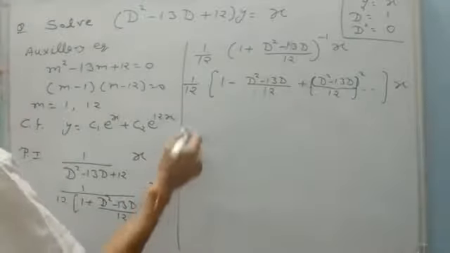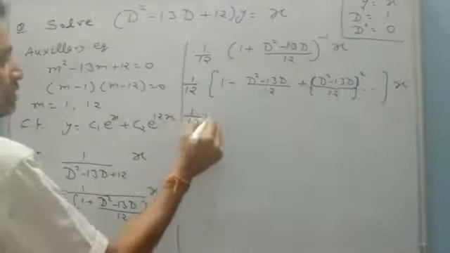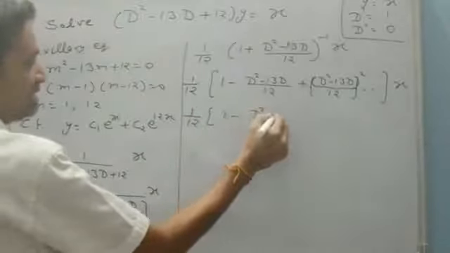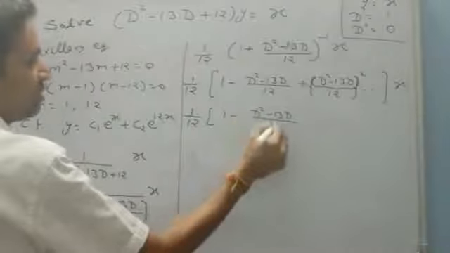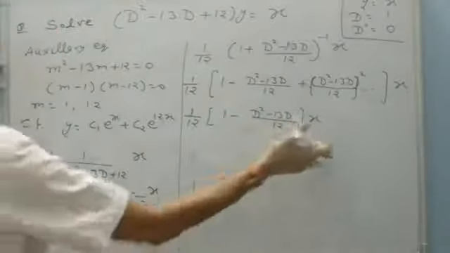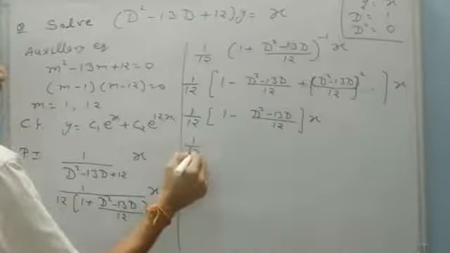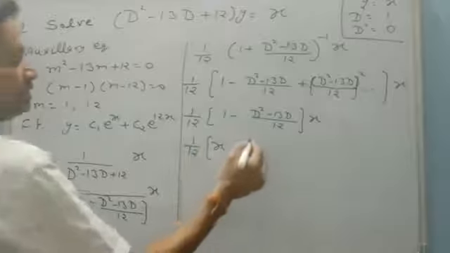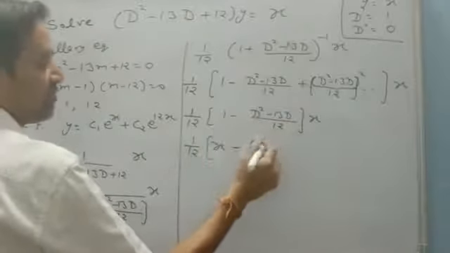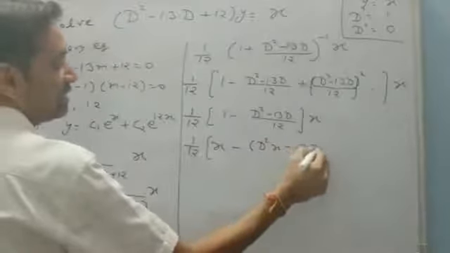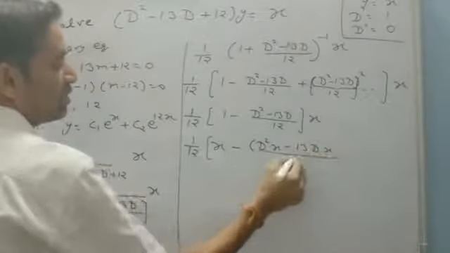It will become 1 by 12 [1 minus (D square minus 13D) upon 12] of x. Now just multiply. I will get 1 by 12, this will become x minus second derivative of x, D square of x, minus 13 D of x upon 12.